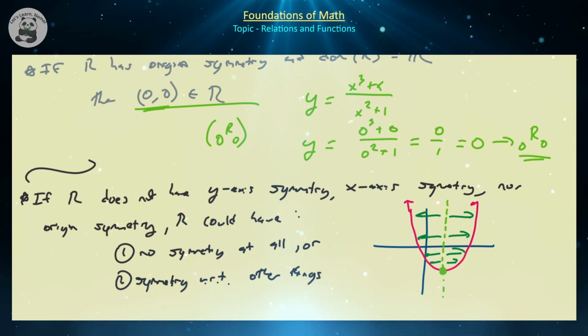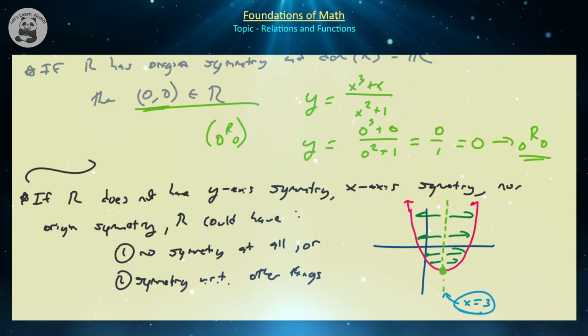So for example, if this is the line x is equal to 3, it has x equals 3 symmetry, which is just a shifted version of y-axis symmetry. So just because, keep in mind, it doesn't have symmetry with respect to the x-axis, or the y-axis, or the origin, it does not necessarily mean it doesn't have any symmetry.